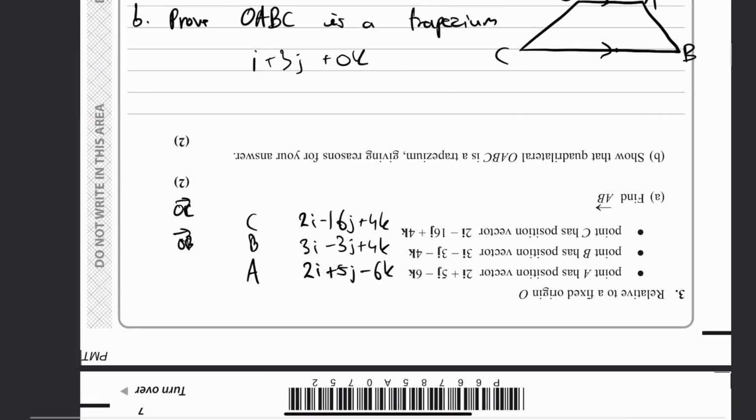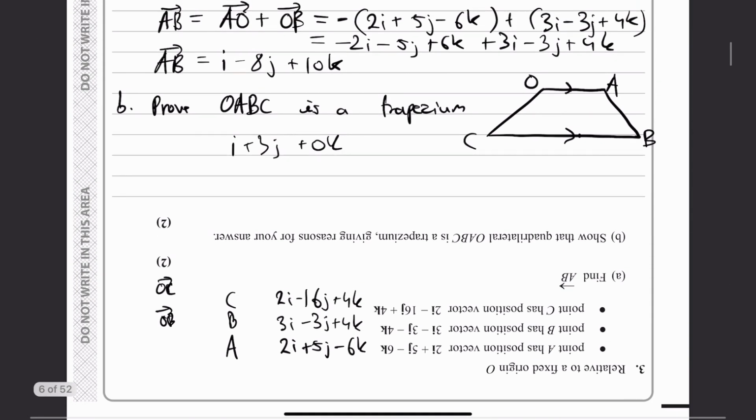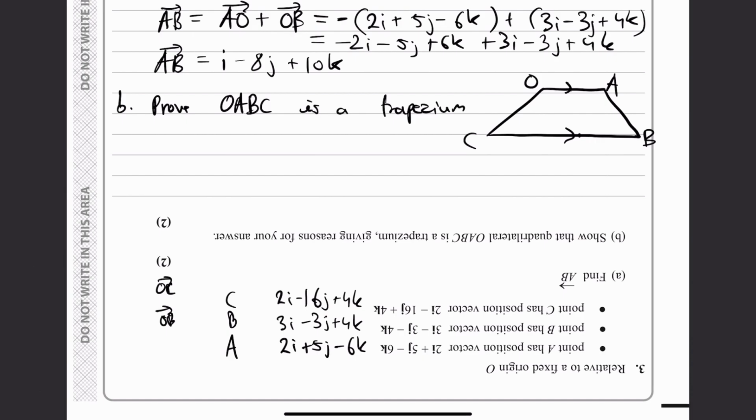Okay, that makes a lot more sense. So now you can see if we've got AB. Let's relabel our trapezium now. We start OABC. So we've got AB here and we've got OC. OC is equal to 2i minus 16j plus 4k.